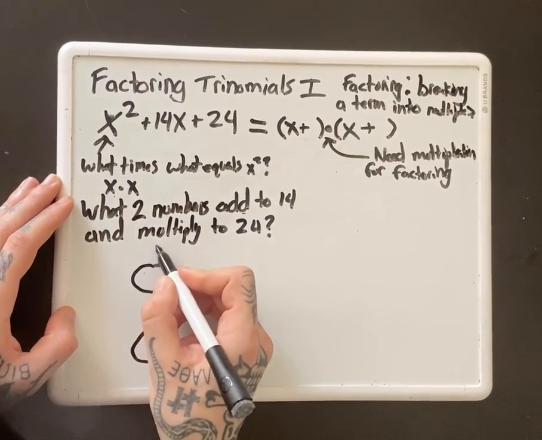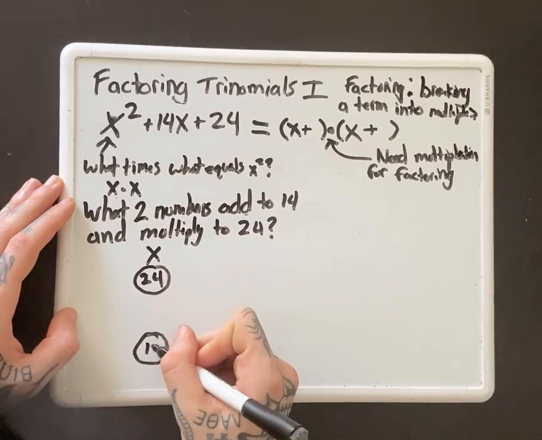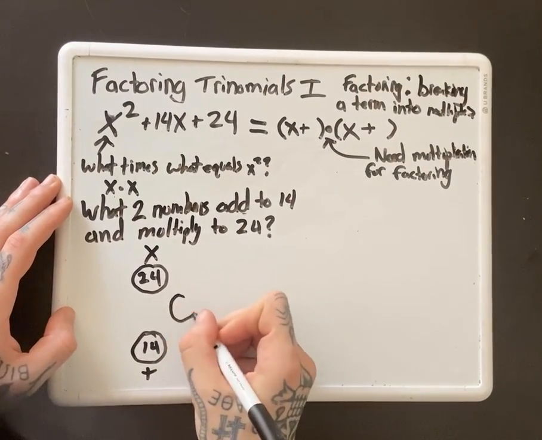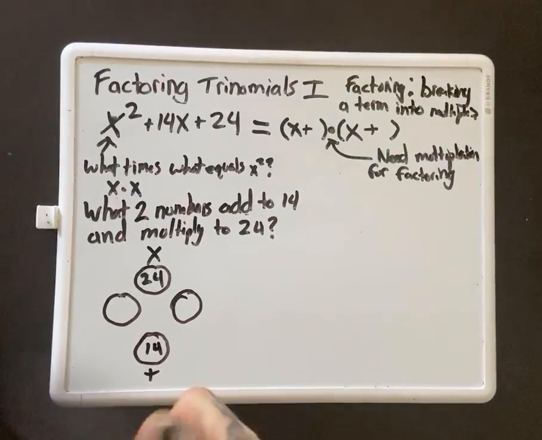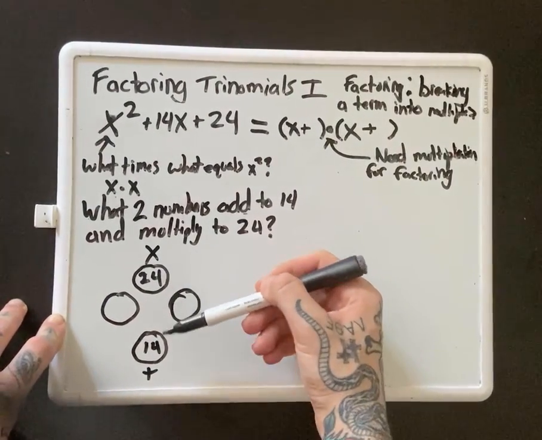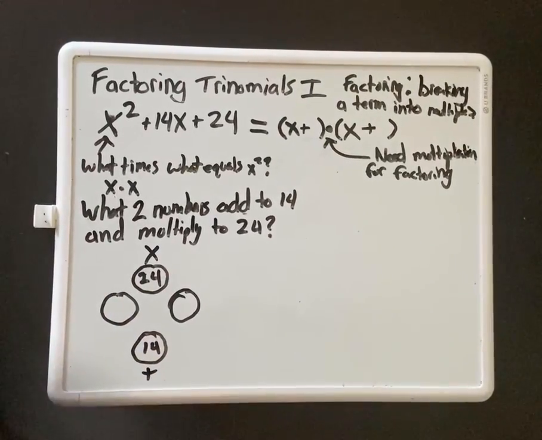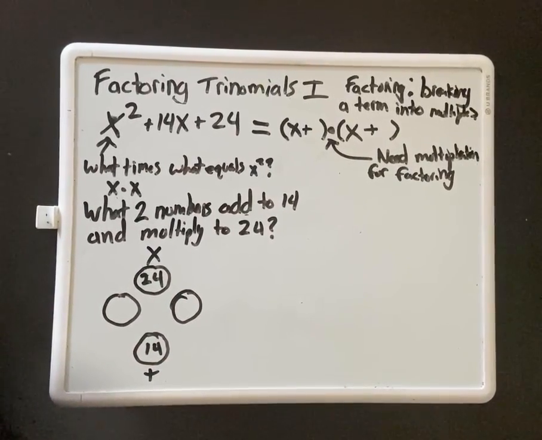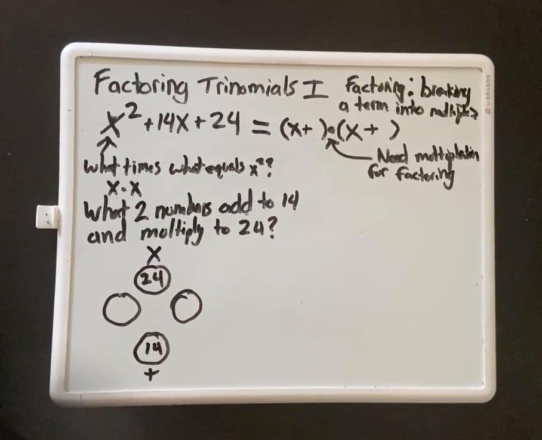It's our number puzzle, the number puzzle we've been doing since day one. So again, this is our product and this is our sum. So which two base numbers multiply to 24 but add to 14? How are we going to do that? Well, we can come up with different lists.